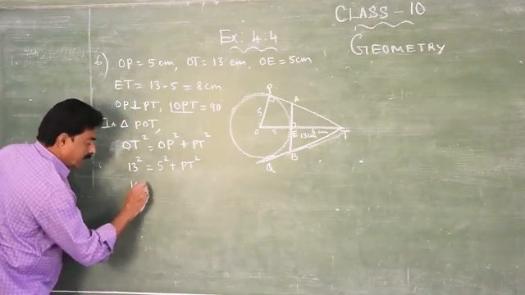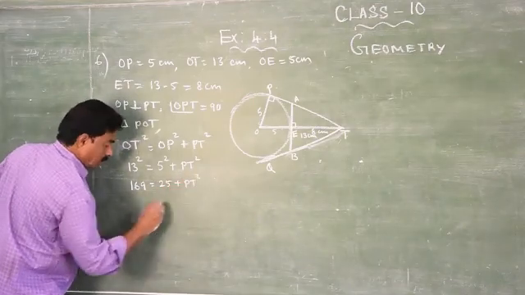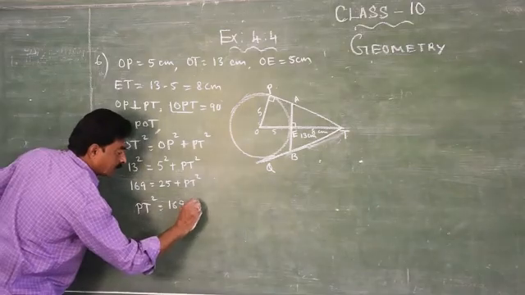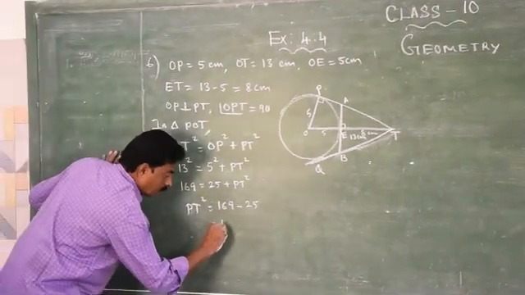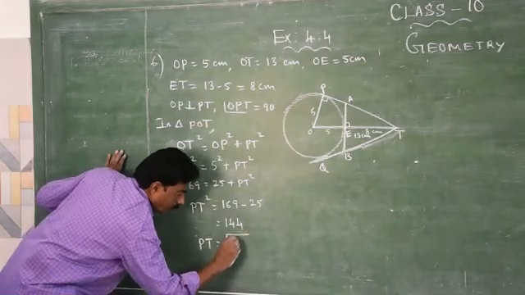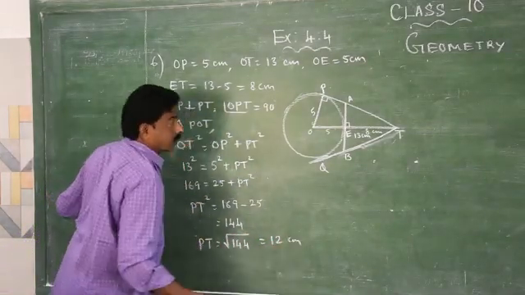So 169 is equal to 25 plus PT squared, or PT squared is equal to 169 minus 25, that is 144. So PT is the root of 144, that is 12. So PT is 12 centimeters.